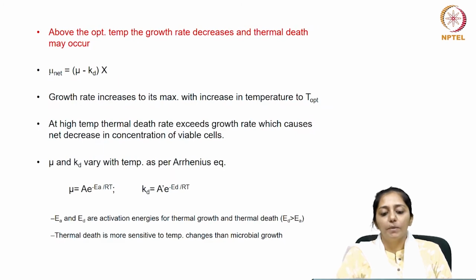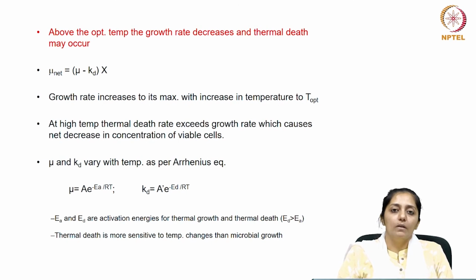Now, above the optimum temperature, the growth rate would decrease and thermal death rate may begin. Let's talk about mesophilic cultures. They grow at ambient temperatures. So, at very low temperatures, you will find the growth rate slow, and at very high temperatures, suddenly you will find that the cells begin to die because the cell starts lysing and the internal components start getting denatured.